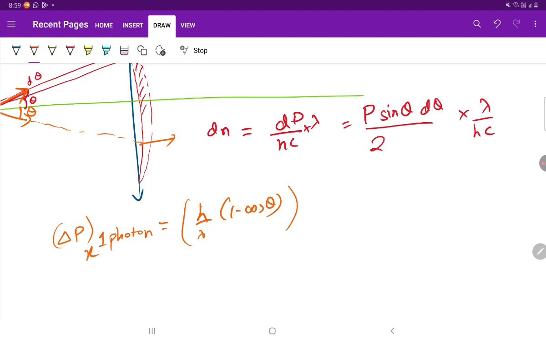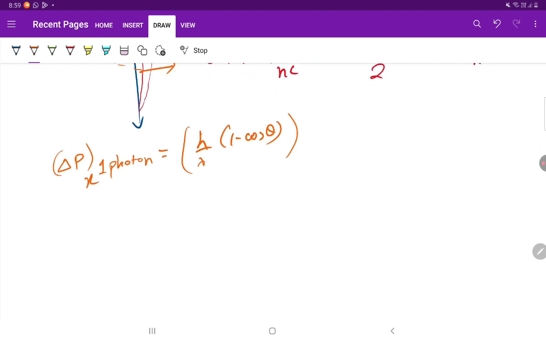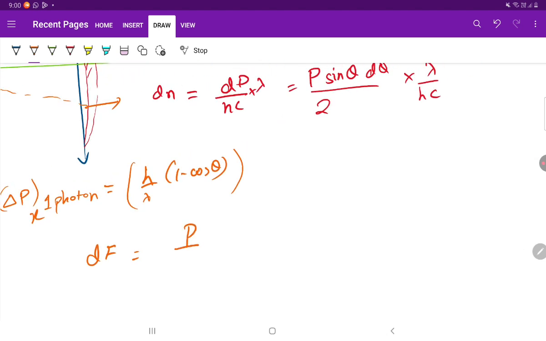Now, the change in momentum per unit time for angle theta to theta plus d theta, or the differential force dF, would come out to be P by 2c sin theta times (1 minus cos theta) d theta, of course along the x direction, right?